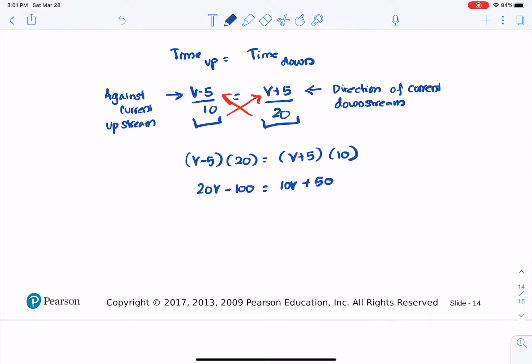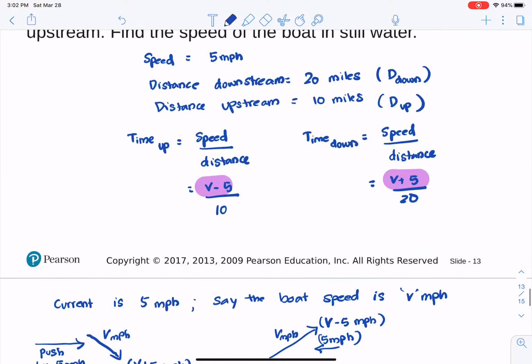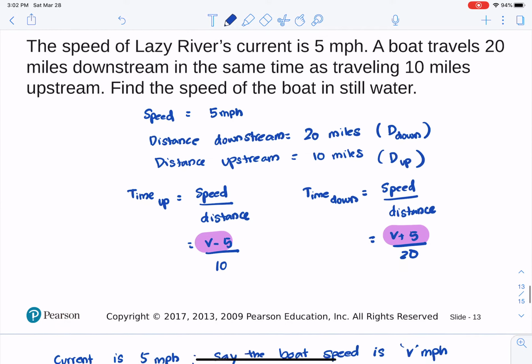Move all the V terms to one side and the numbers to the other. 20V minus 10V equals 50 plus 100, which would imply 10V equals 150. So V would be 150 over 10, which is 15 miles per hour. So the speed of the boat is 15 miles per hour, and that is what we would have.